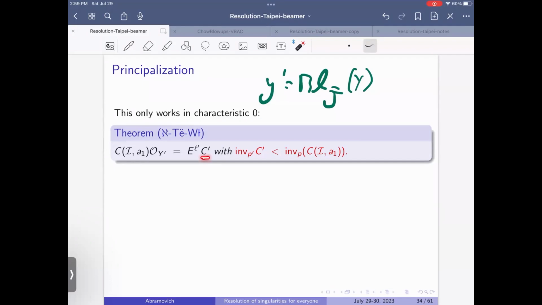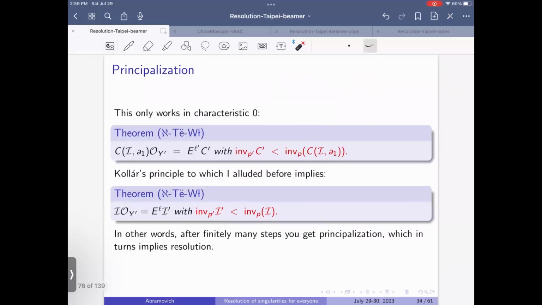So C prime is a transformed coefficient ideal. The invariant of the transformed coefficient ideal strictly drops. And with Kollár's principle, this implies that the invariant of the transform of the original ideal drops. So this is the main result.